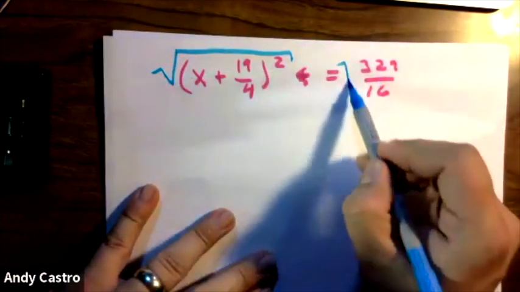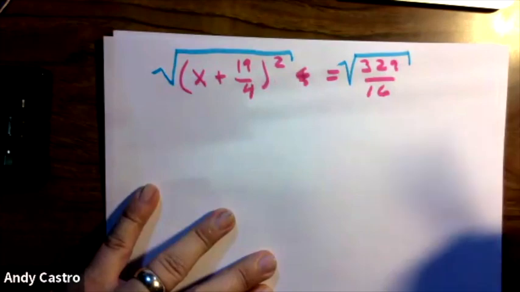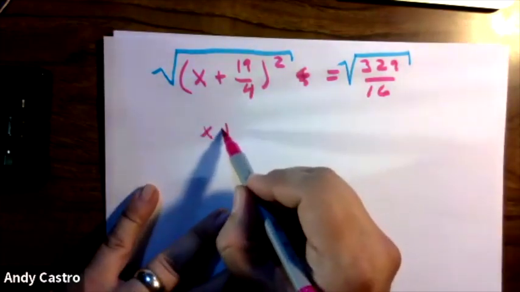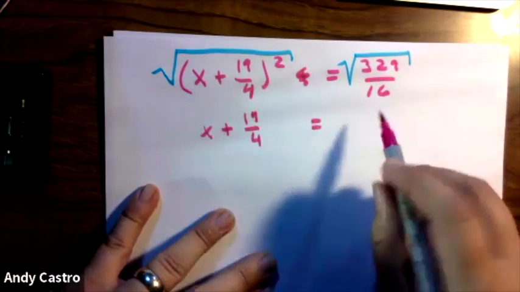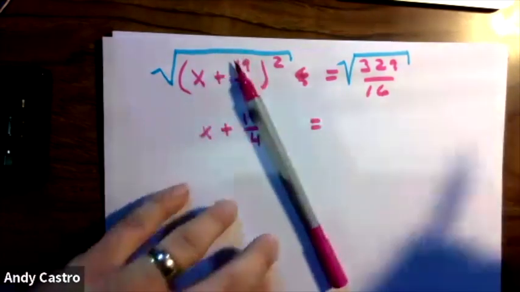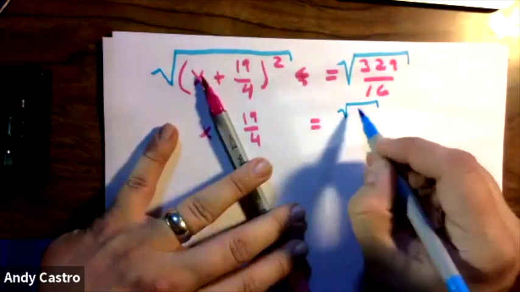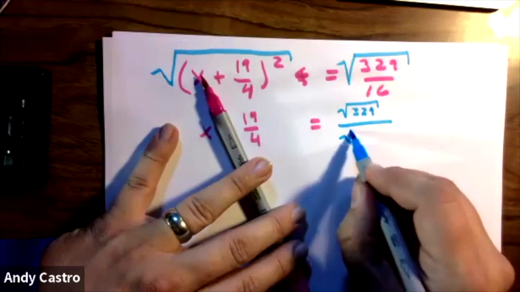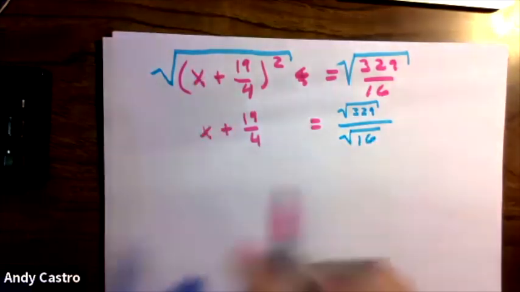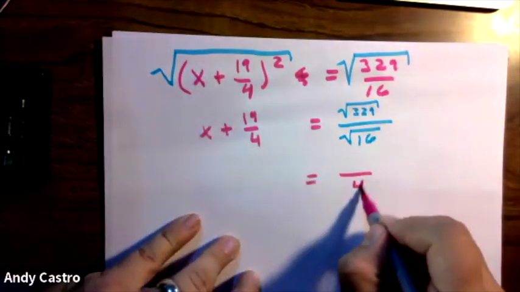So square root of both sides. That's going to give me x plus 19 over 4 is equal to, and again, I'm going to do the square root of 329 over the square root of 16. Square root of 16 is 4.